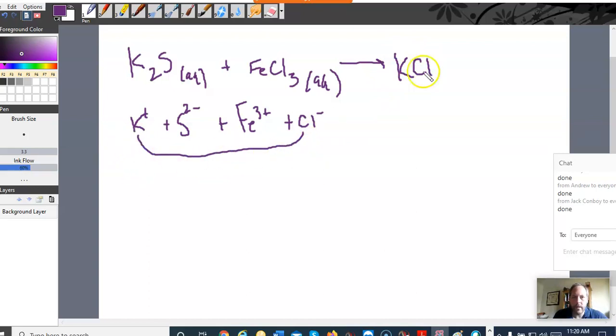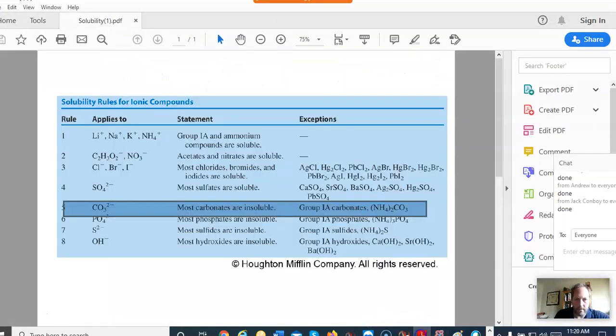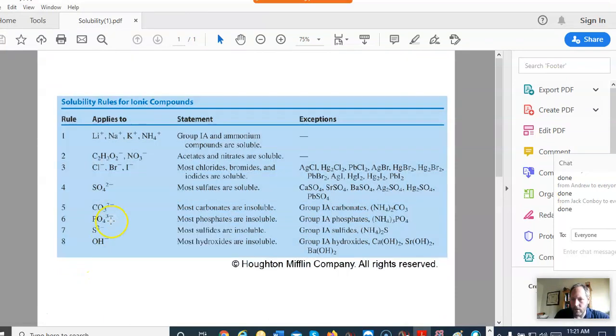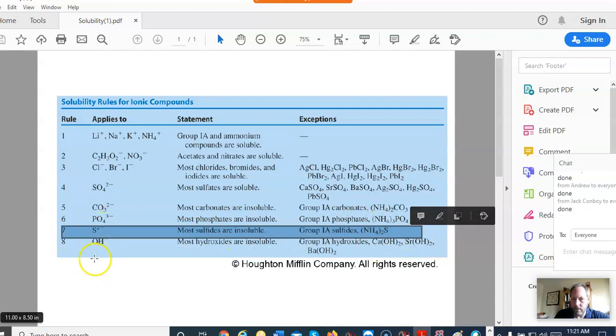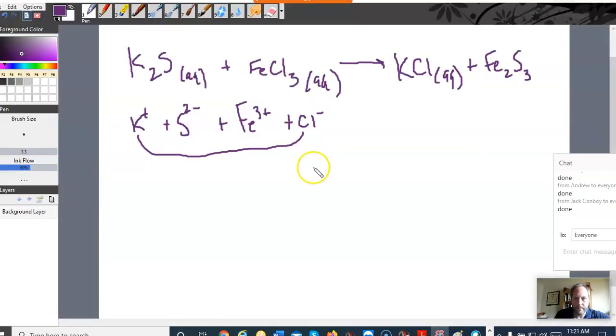Potassium pairs up with the chlorine. That will be aqueous, because it's potassium. And then iron sulfide, Fe2S3. I'm assuming that's the solid, but let's double check. So sulfides, this is the rule right there: all sulfides are insoluble unless it's lithium, sodium, potassium, or ammonium, which it is not.